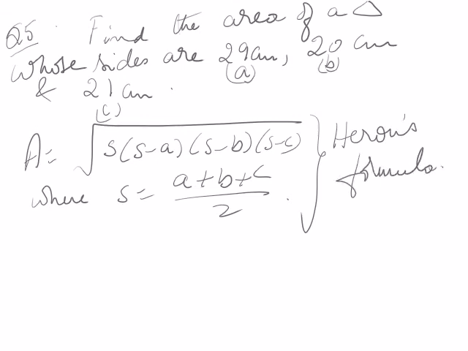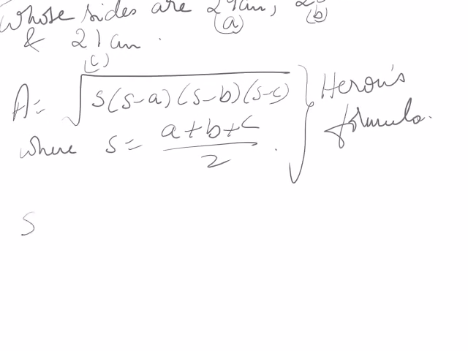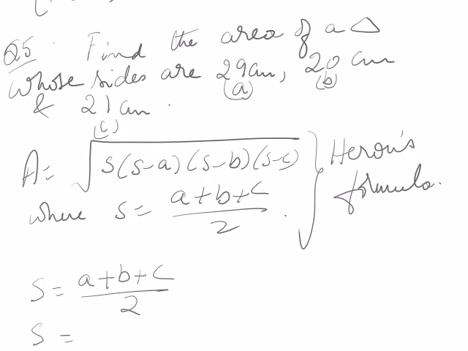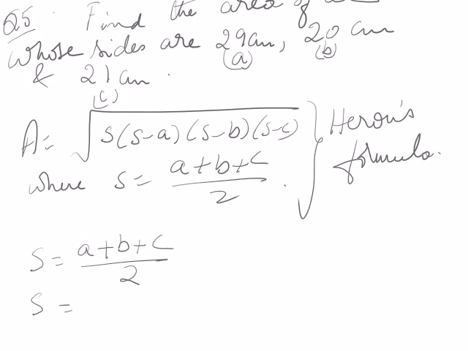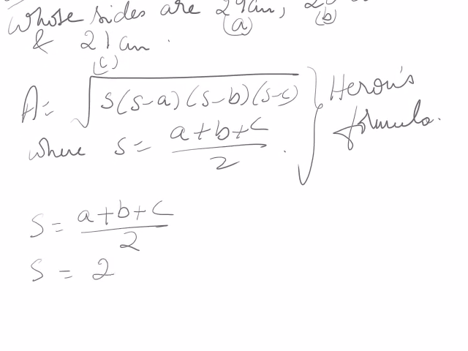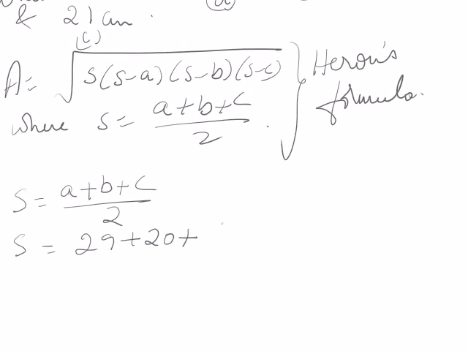So let us calculate first S. S is equal to A plus B plus C upon 2. So S is equal to, in our triangle, 29 plus 20 plus 21 upon 2.